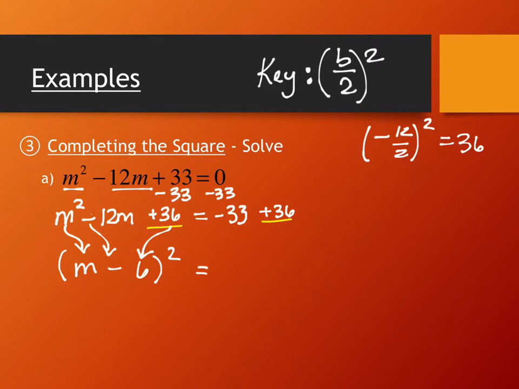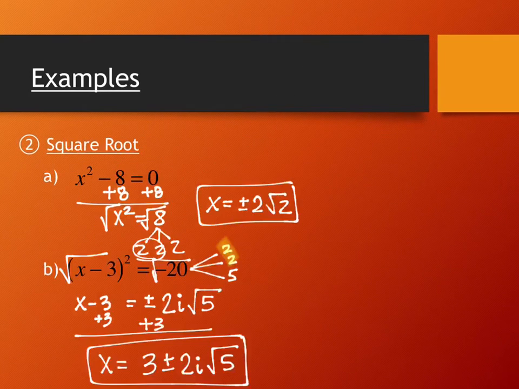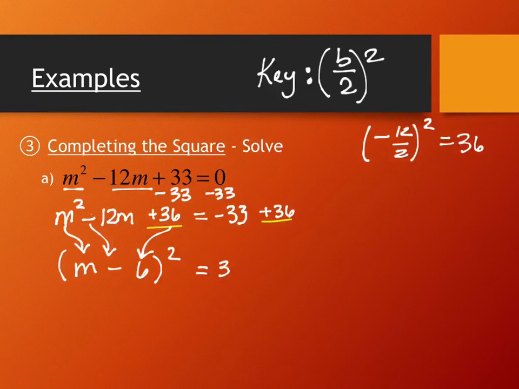On the right-hand side, what is negative 33 plus 36? 3. So why? Well, because now I can use the square root principle. I've got something compacted and squared on the left. I've got another number on the right. It looks just like the second one, B, started out looking. So I can take a square root.